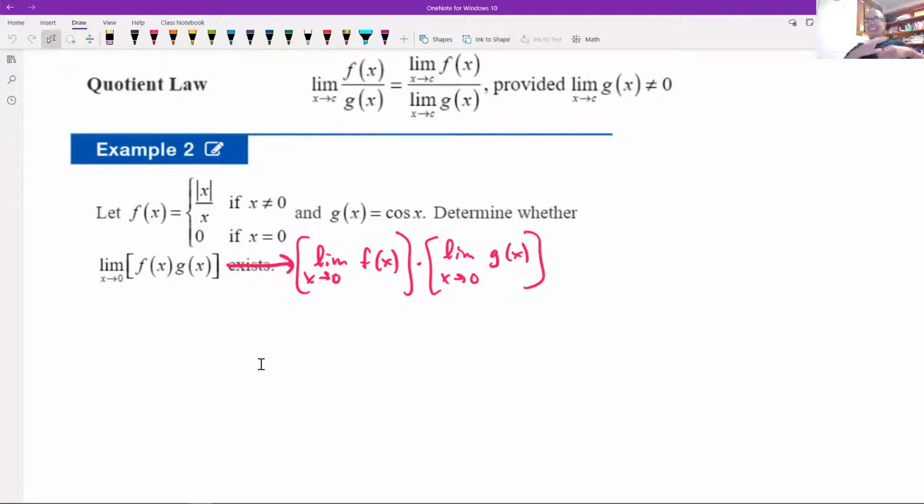And know that at any point during this whole thing, if one of these limits fails to exist, then the entire thing is going to fail to exist.